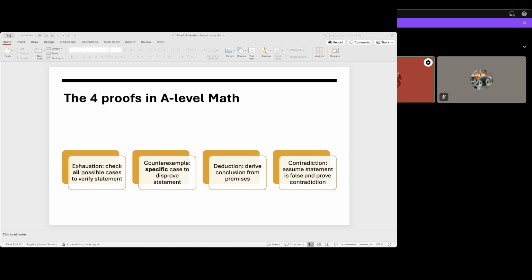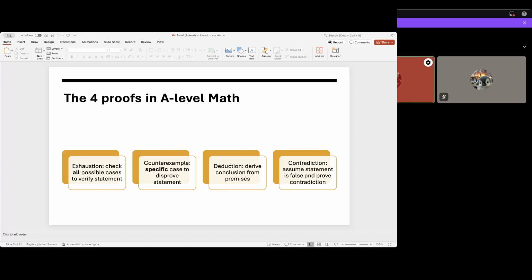Can you explain deduction in a simpler way? Deduction, let's say there is something that says you derive what you want, which is that all numbers of the form 2x plus 1 are odd when x starts with 0.